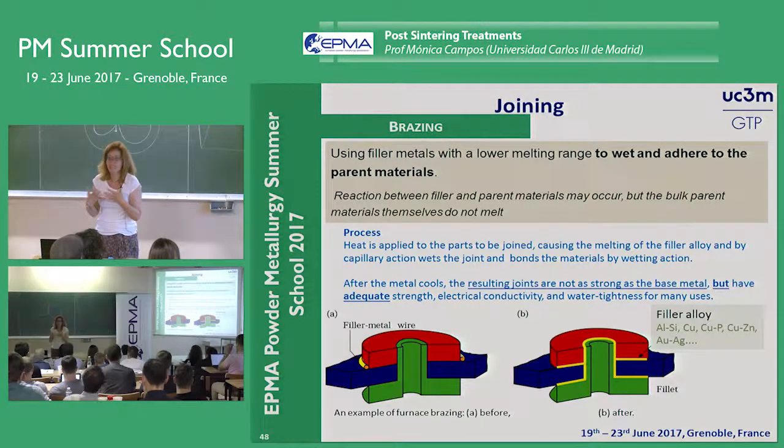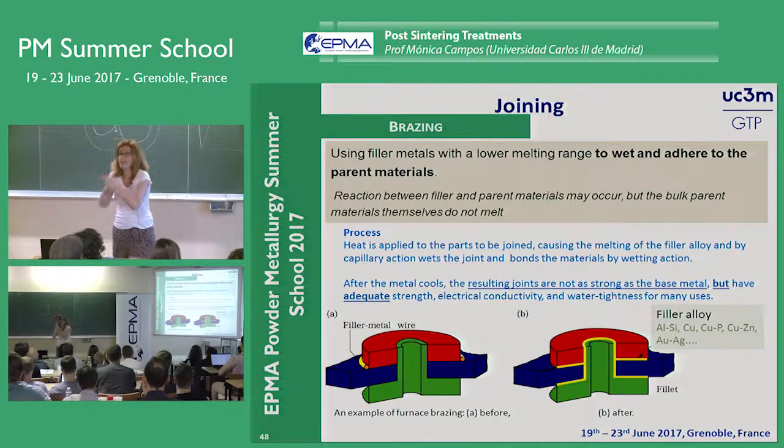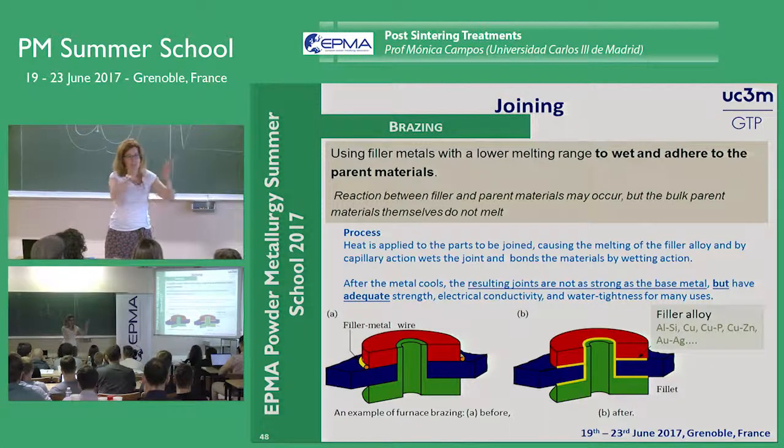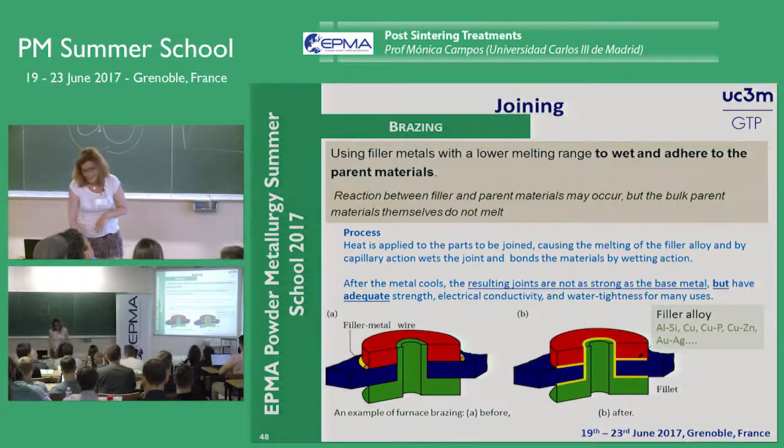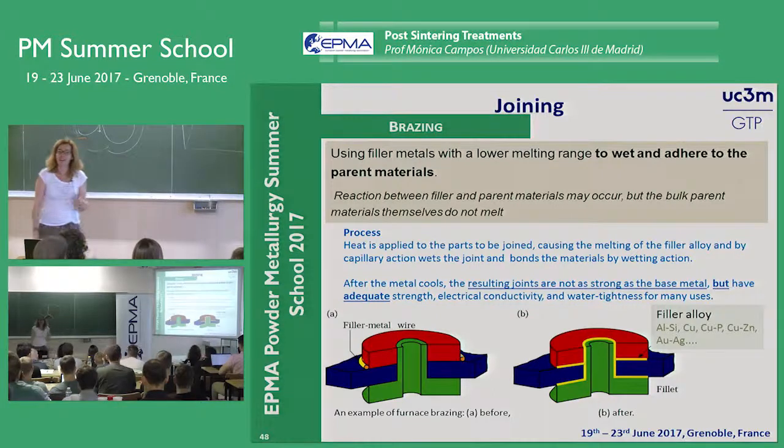And it's not so easy, because maybe you can think that you need a filler material specifically designed for every kind of composition that you can find in your PM materials, steels, or nickel-based materials, whatever. It's very difficult to find an alloy designed for that option.